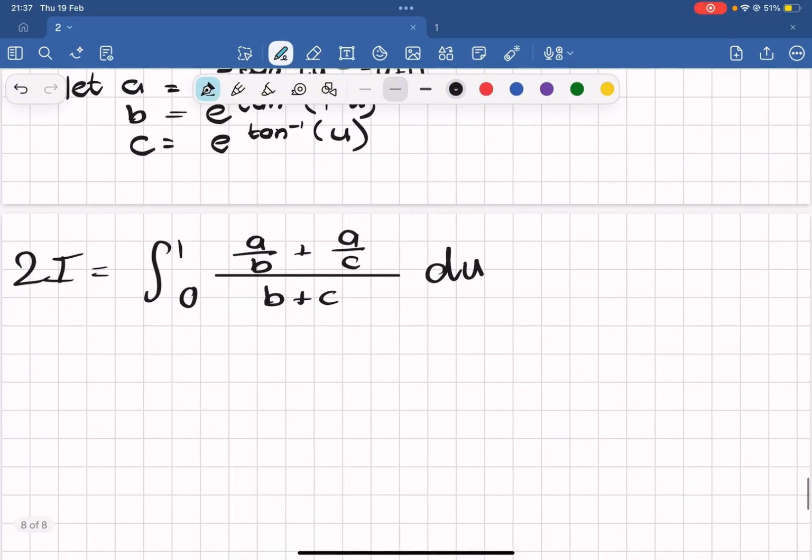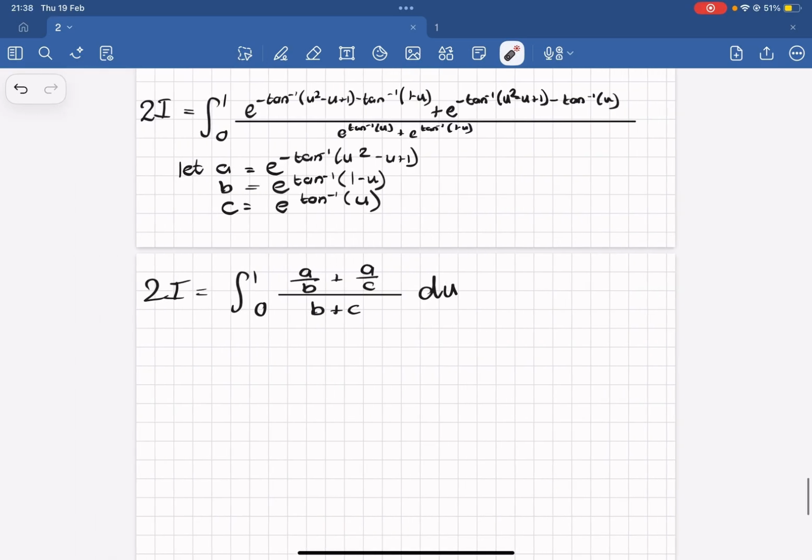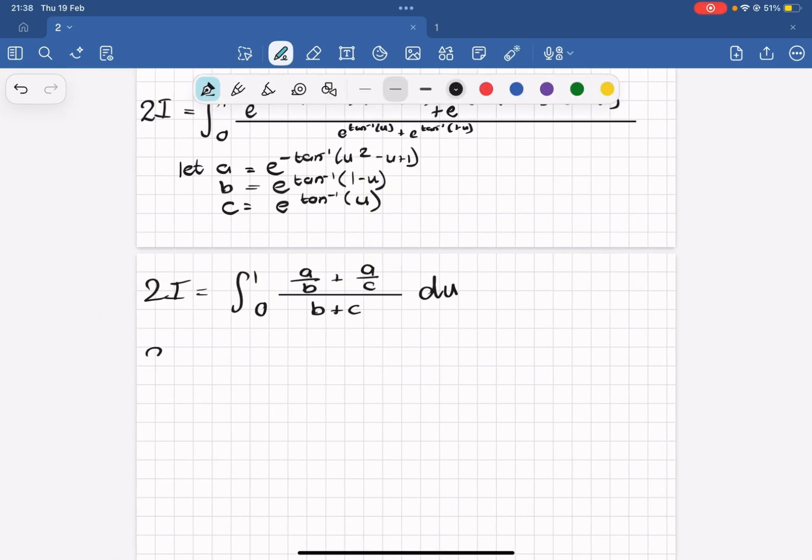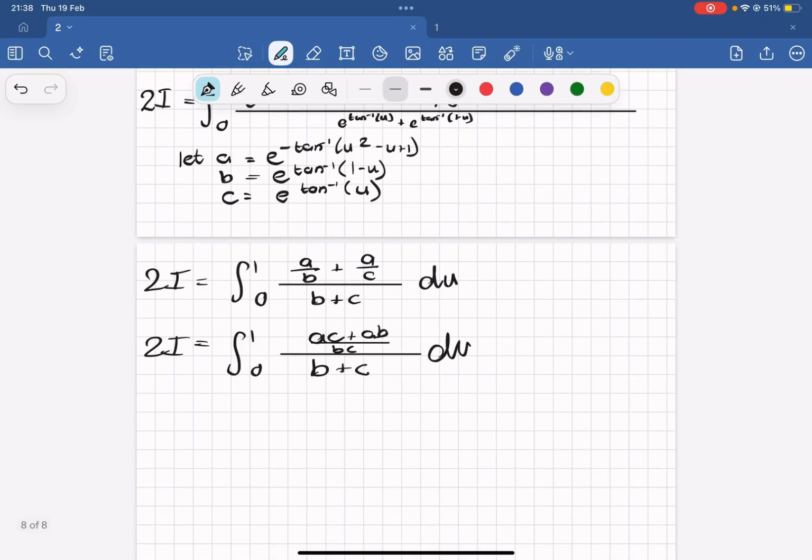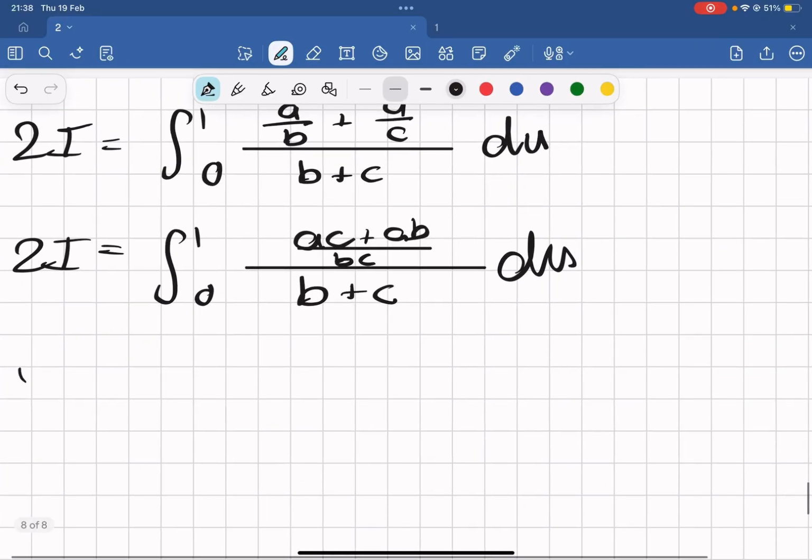Now if we combine this fraction on the top, we now have ac plus ab all over bc. With respect to u, this means 2I equals the integral from 1 to 0.